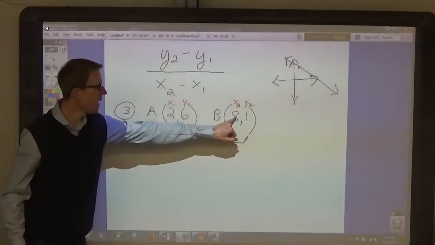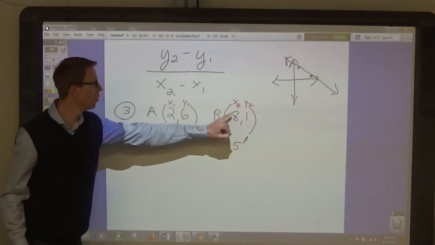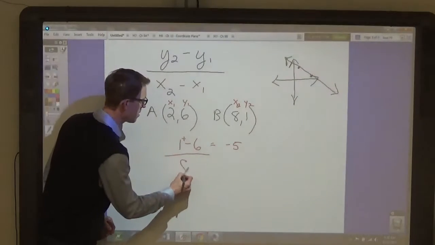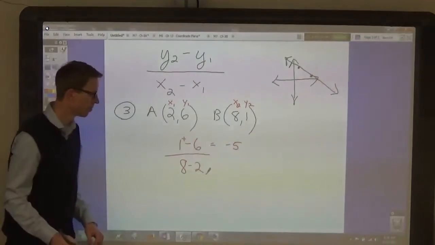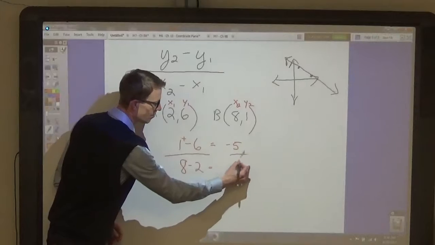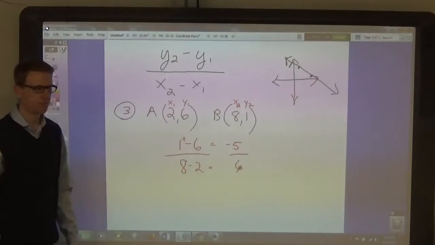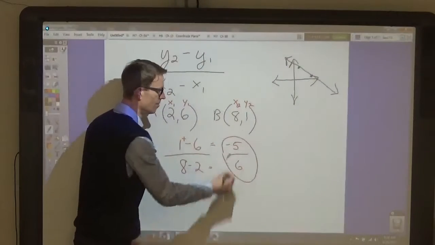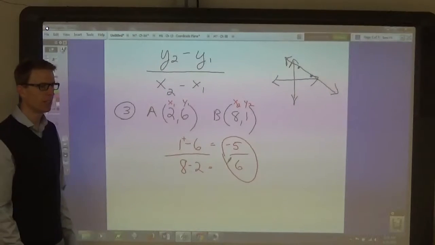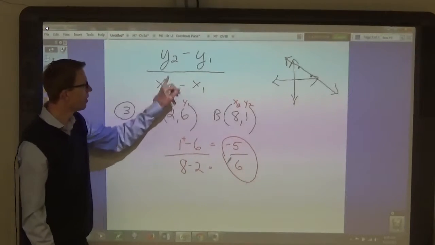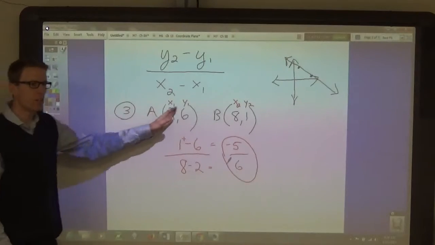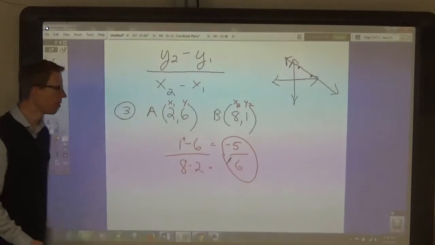And then you subtract the x coordinates, x2 minus x1. 8 minus 2 is 6. And it gives us our ratio, negative 5 over 6. Okay? So, the little numbers refer to the order. And the order that you use is important. You have to keep the same order.